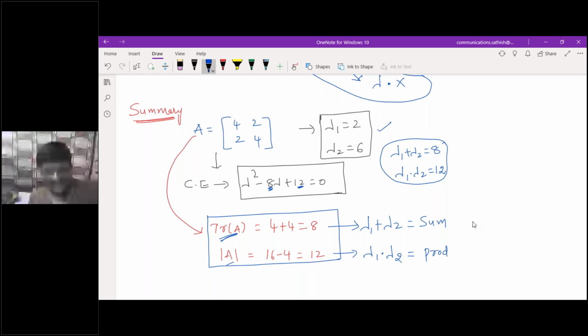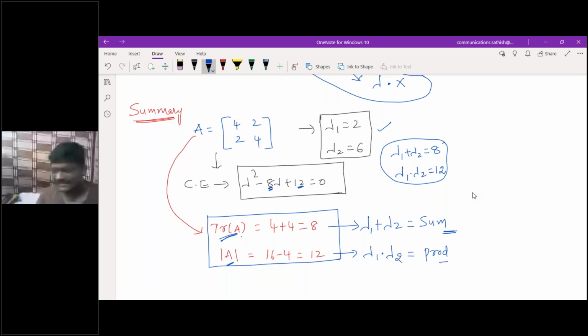What I'm trying to tell you is, if they provide you the matrix A, for that matrix I can directly represent the characteristic equation and directly get the eigenvalues. The point to keep in mind is that the sum of the eigenvalues is equivalent to the trace of the matrix, and the product of the eigenvalues is equivalent to the determinant of the matrix.